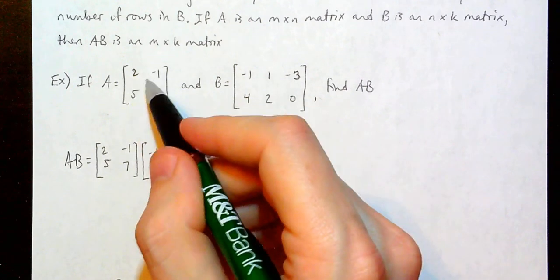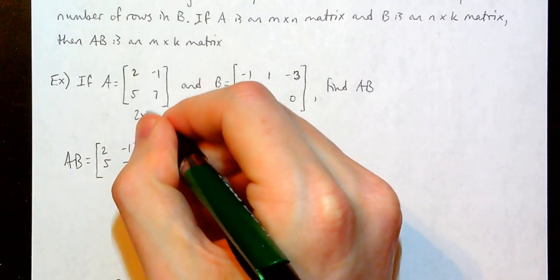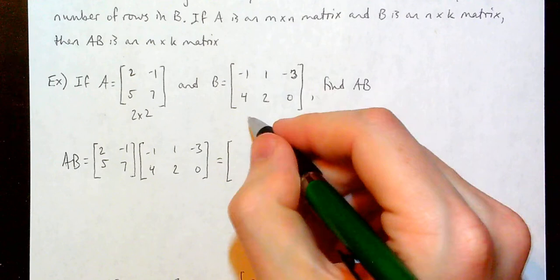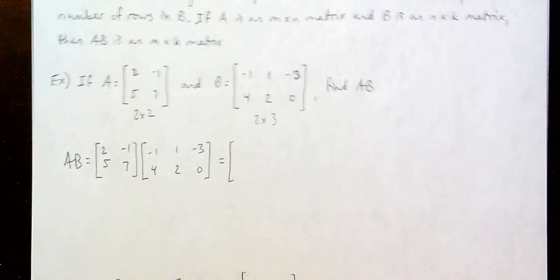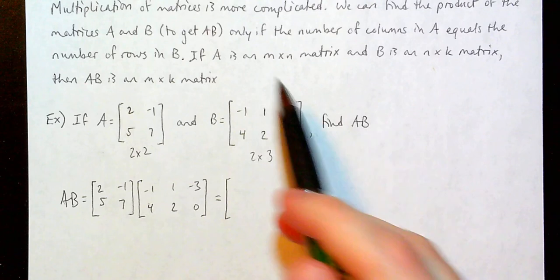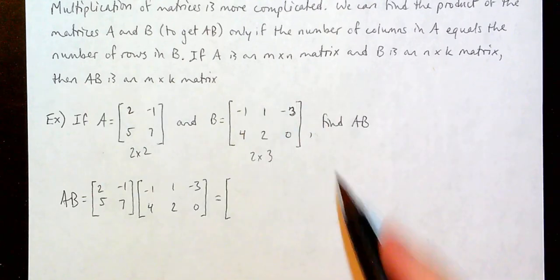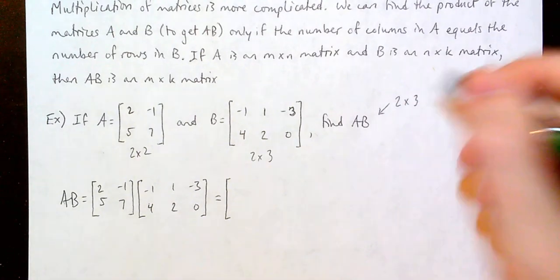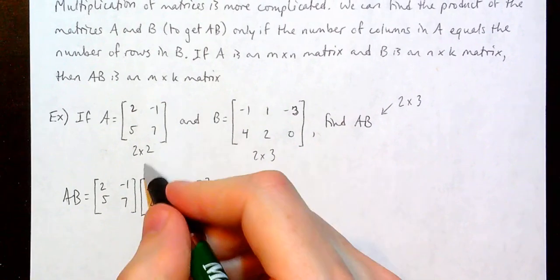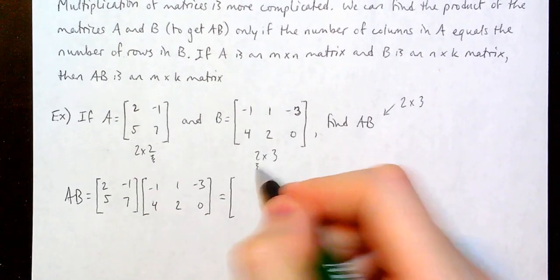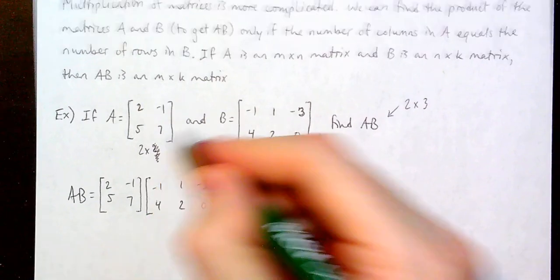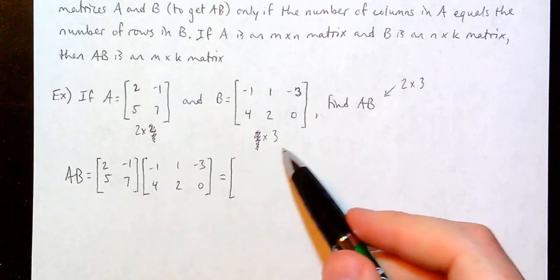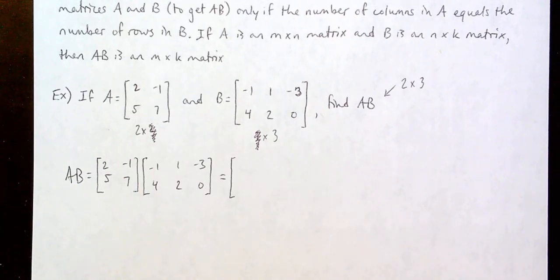Well, A, we can see, has 2 rows and 2 columns, so it's a 2 by 2. B here has 2 rows and 3 columns. Using what we stated up here, the resulting product matrix is going to be a 2 by 3 matrix. These numbers there, pretend that those are sort of wiped out, and then what we have left, 2 by 3, that's going to be the size of our product matrix.